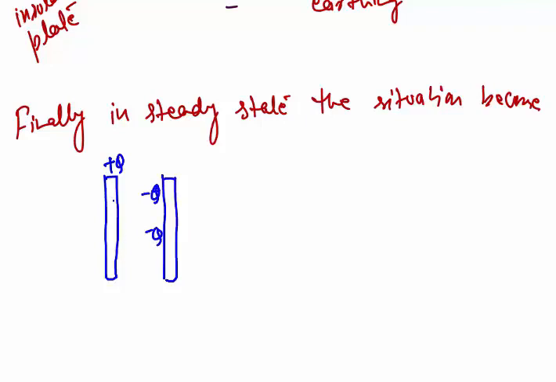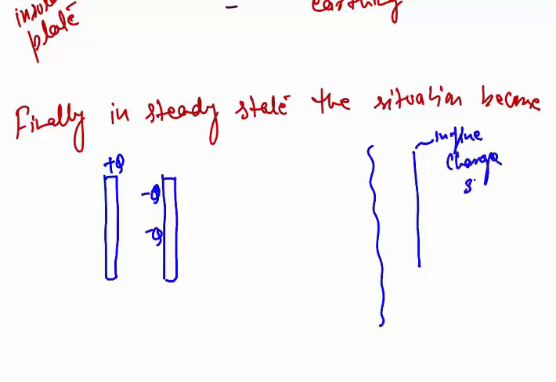Okay, and as we have studied earlier in electrostatics, for an infinite charged sheet, at any point the electric field E is equal to sigma by 2 epsilon. So this is plate 1 and this is plate 2.